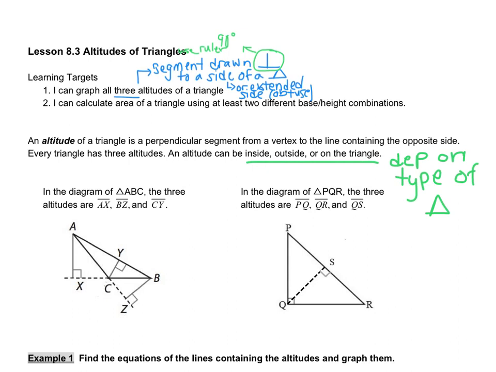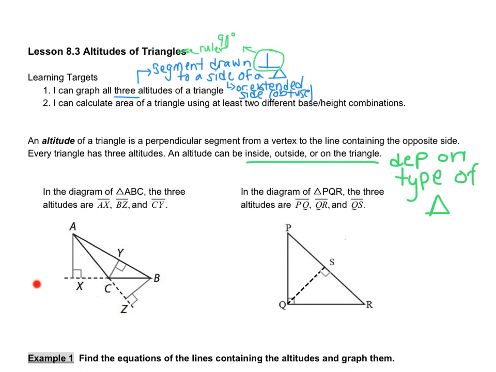Outside altitudes, as you may have already guessed because of what we were just talking about with extending those sides, are when we have an obtuse triangle. And then on the triangle, that happens only in the case when you have a right triangle to begin with. So right now, I just want you to visually recognize where those altitudes are.